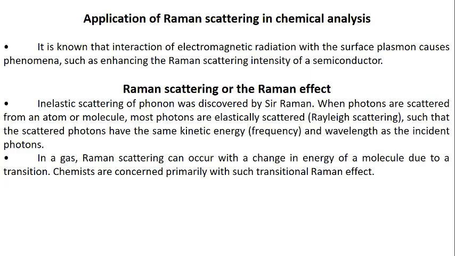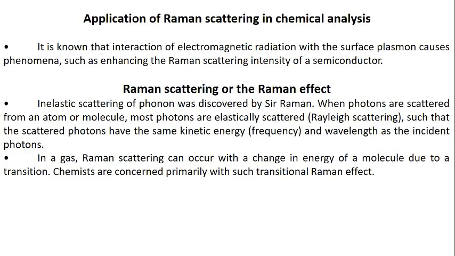Here, we are exploring the application of Raman scattering in chemical analysis. Raman scattering, or the Raman effect, discovered by Sir Raman, is the inelastic scattering of photons by molecules or atoms. When light interacts with a material, most photons scatter elastically, called Rayleigh scattering, keeping the same energy and wavelengths as the incident light. However, a small fraction scatters inelastically, shifting energy due to molecular transitions, which we call the Raman effect.